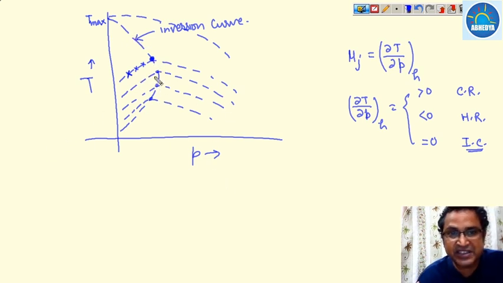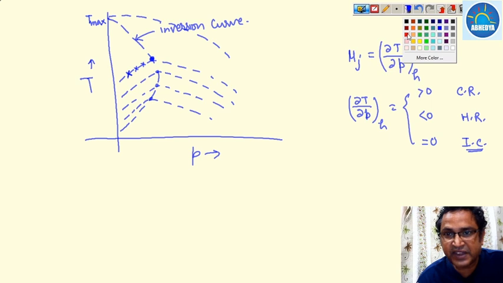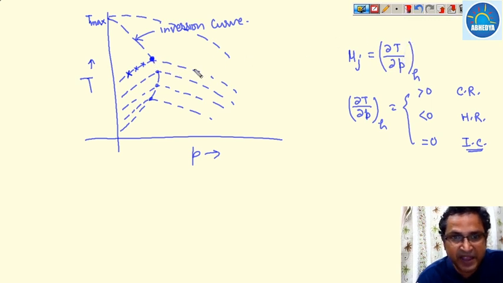But if we compare it with the heating region, suppose our initial state was here, then what will happen? If we draw a horizontal line, till this region no cooling effect will be obtained, and after that this much cooling effect will be obtained.